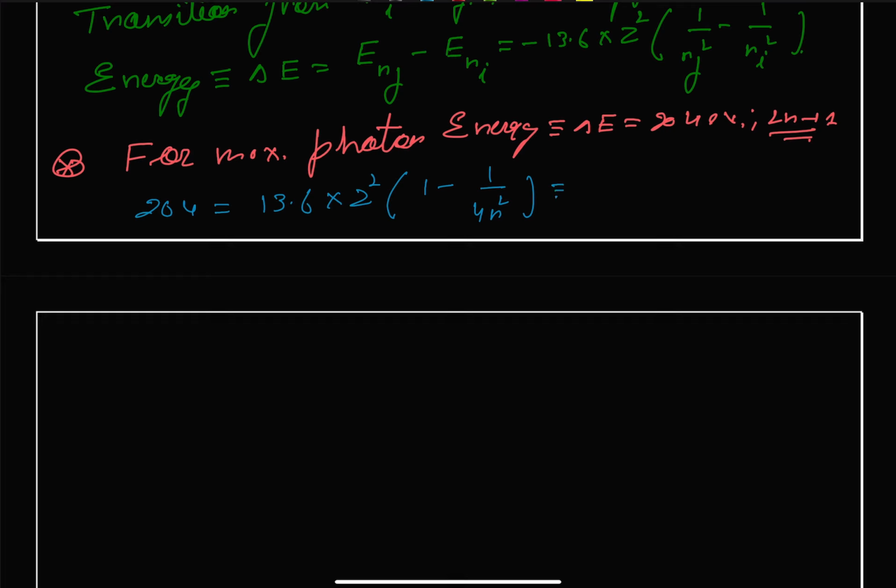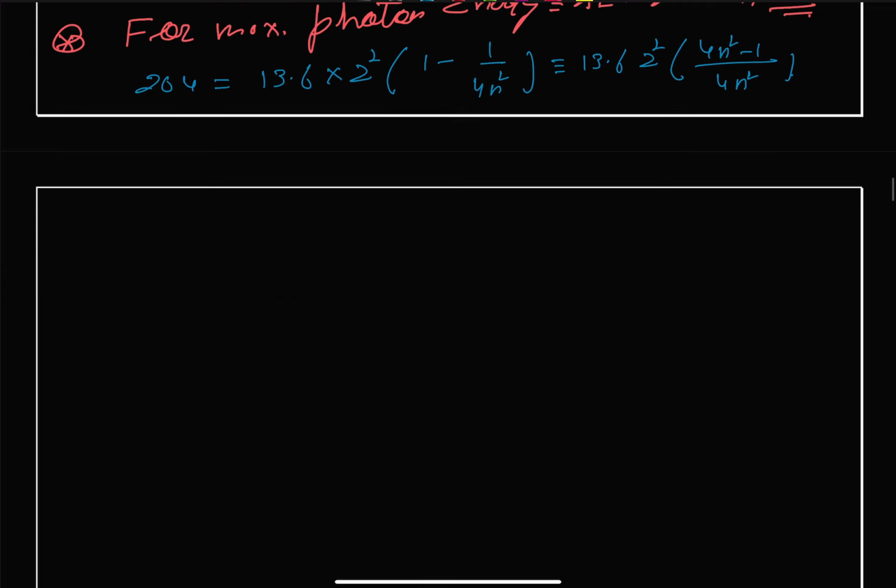This comes as 13.6 Z square times (4n square minus 1) divided by 4n square. Let me rewrite the equation: 204 is equal to 13.6 Z square times (4n square minus 1) over 4n square. Let us call this equation number 1.